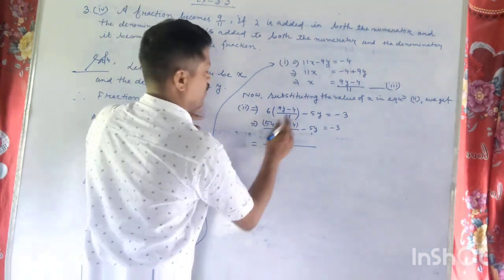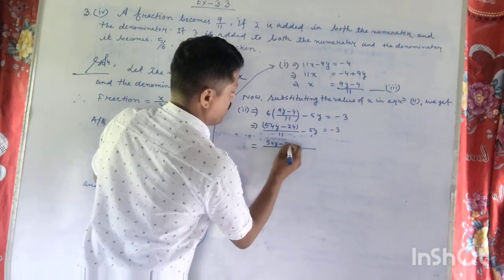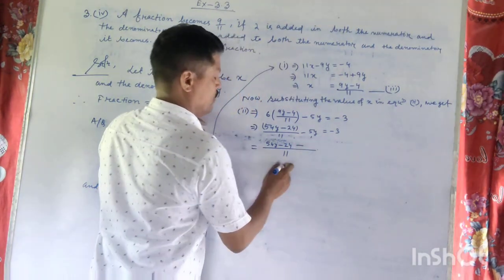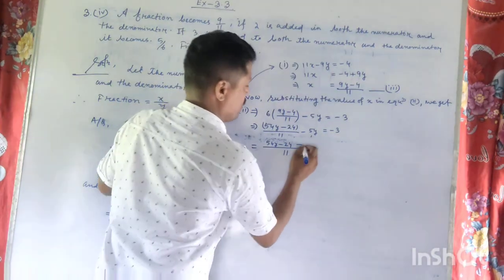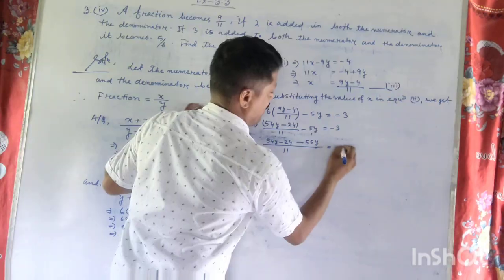Then we get 54y minus 24, and 11 times 5y is 55y, is equal to minus 3.